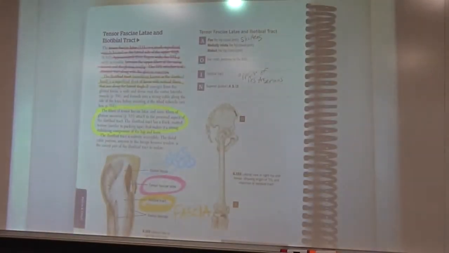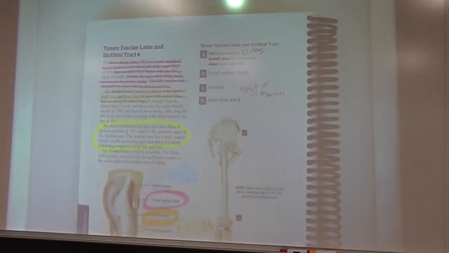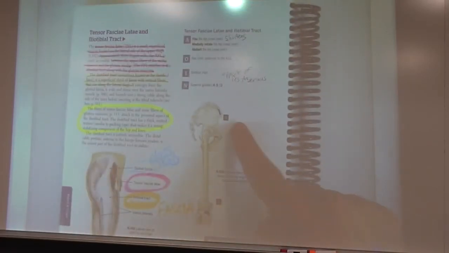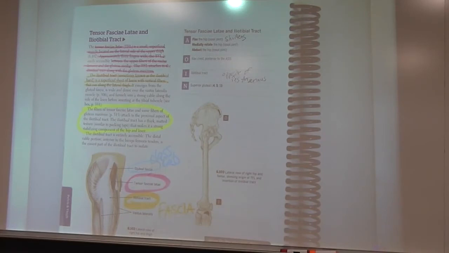Next, we have one muscle and then the all-important iliotibial tract, or the IT band. Page 324. We're going to start with the muscle, which here is our origin and insertion of the muscle. Okay, so tensor fasciae latae, or TFL, is very small. We can see it on this left-hand view here.